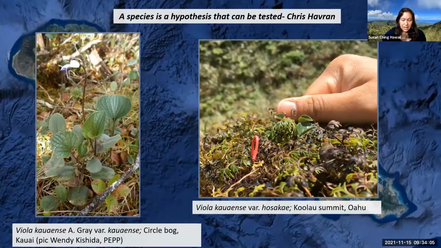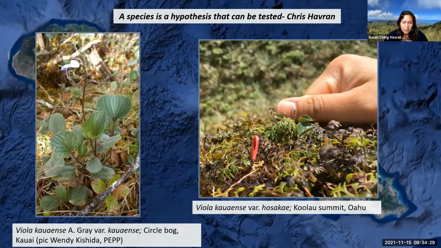I was taken to the Oahu population of this Viola kauaiense, and it's extremely different from what is described as far as the plants on Kauai. Joel had mentioned it had previously been described by St. John, but wasn't currently recognized.